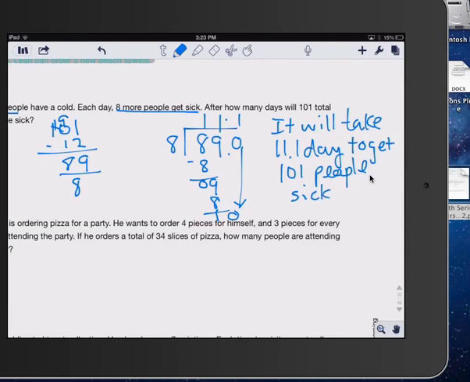Make sure your answer is in a complete sentence.